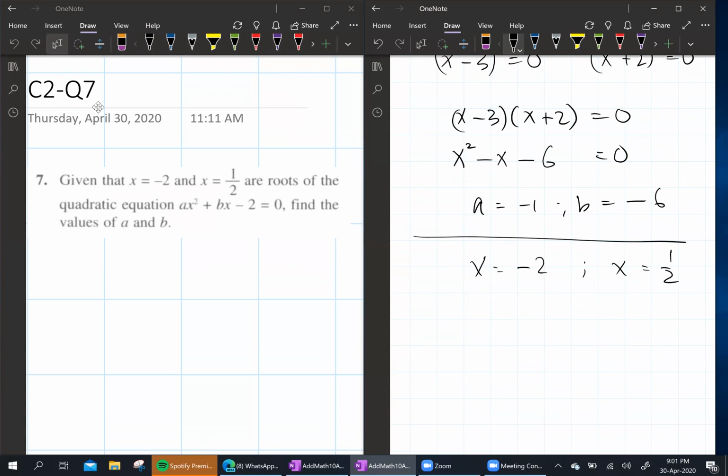You try to do and see. Teacher, my answer for alpha is 5 over 2 and for beta is -1.